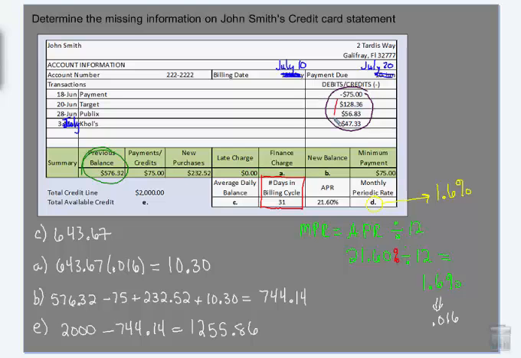So these get added together to check that number. This number, your payment, should match your payment. You can check your average daily balance using the calendar. Then you can check all of this using this math. And you can check to make sure your credit card statement is correct.